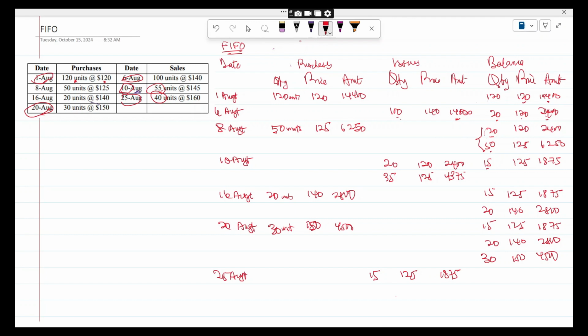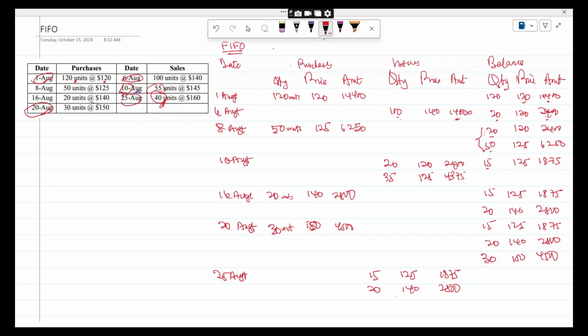Then for the 40, we need to add 25. So we are going to sell the 20 first: 20 at 140, 2,800. Then 15 plus 20 is 35, so we are left with 5 to get this 40.